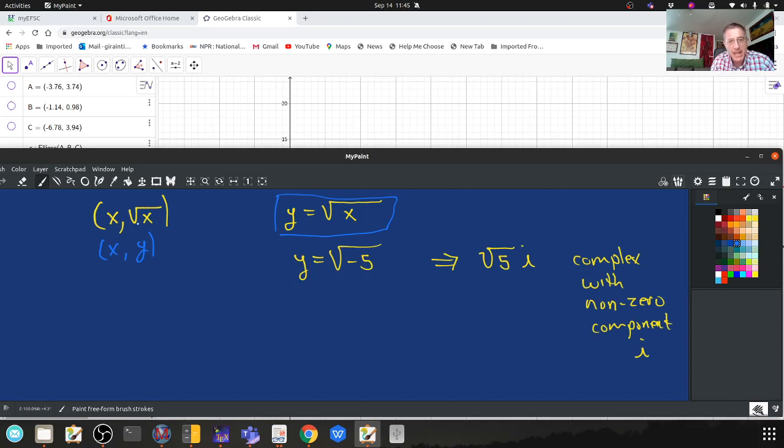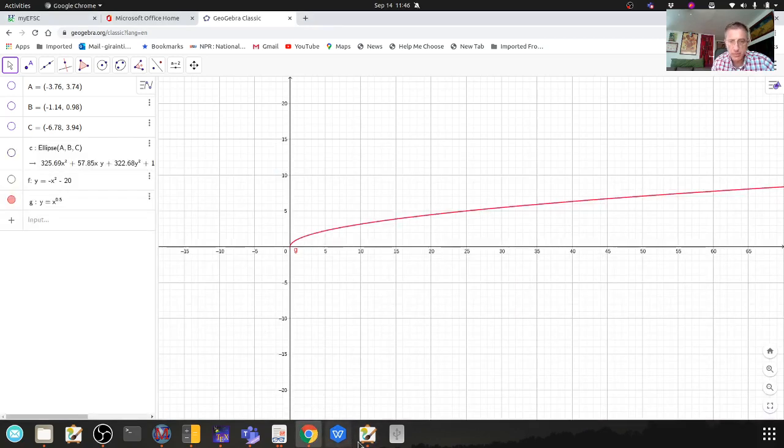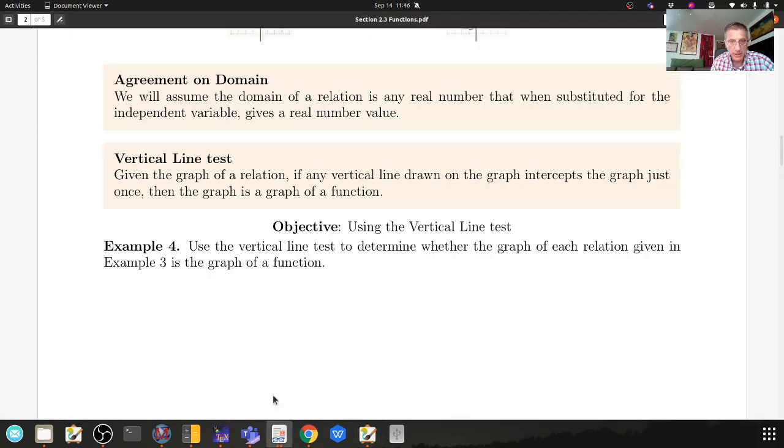So the domain can include 0, because the square root of 0 is 0, and any positive number. So the domain of this relation, which is actually also a function, is that. So let's go back. That was rather important.